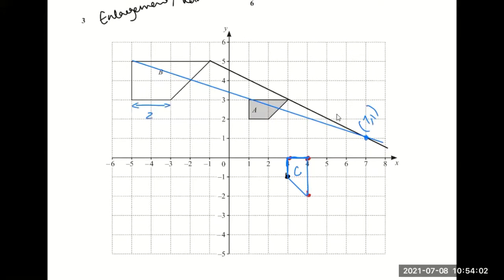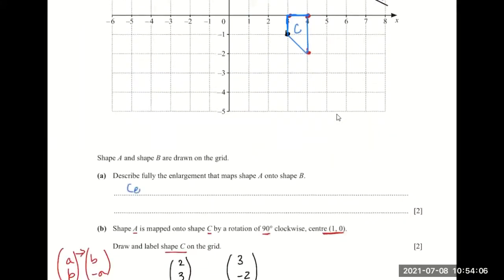This is 2 units. This is 1 unit. So I can say that this enlargement has center 7, 1 and scale factor 2. 2 over 1 is 2.